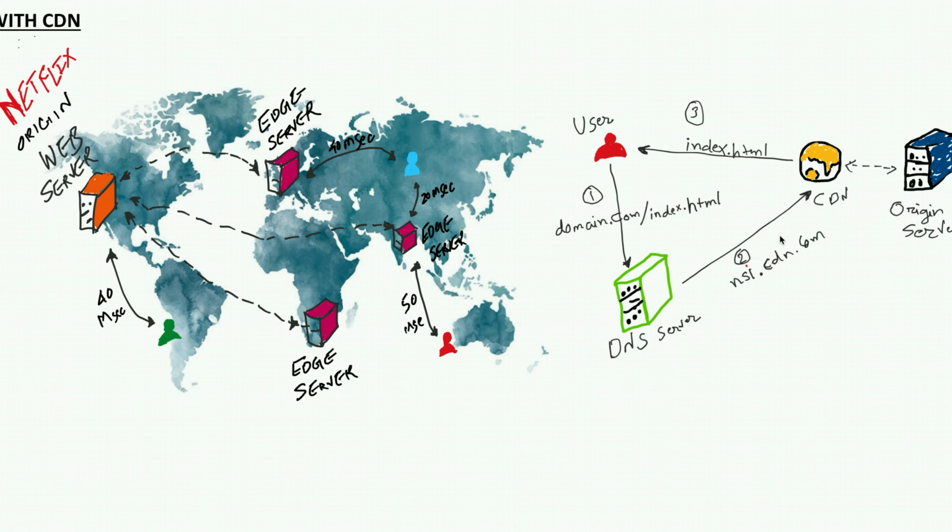So this request will go to the CDN server here, and those resources will be provided to the user from that CDN server or a nearby CDN server. If in case the resource which the user is requesting is not available in that CDN cache, then that CDN server, or the edge server or the cache server, will request it from the original server, which hosts the main content of the website, and then it will be delivered back to the users.